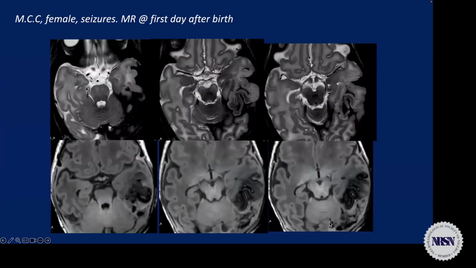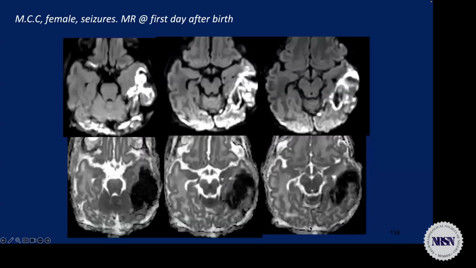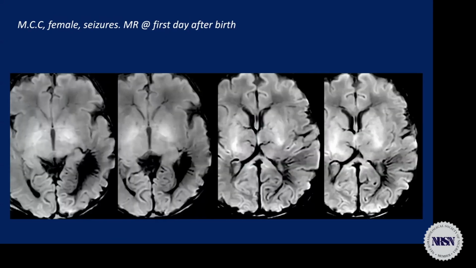You can see here, once again, in the acute phase, the cortex is affected, and you can see very clearly on diffusion weighted image the restricted diffusion of the cortical lesion that appears together with the hemorrhage.